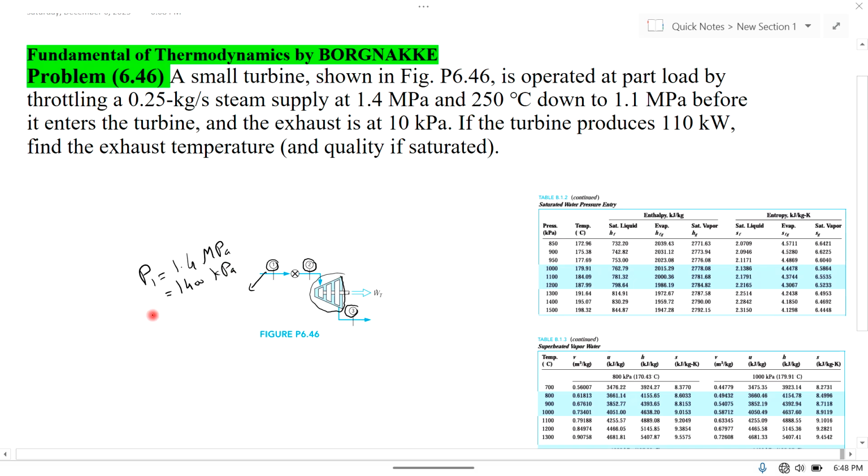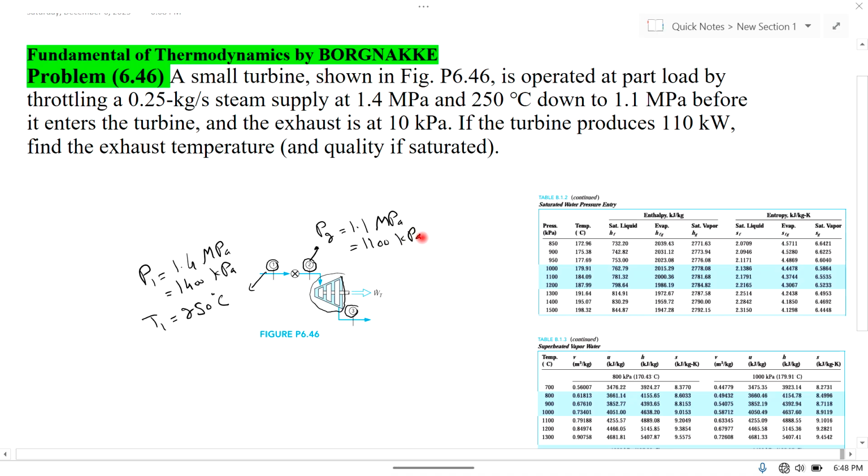And temperature T1 at this state is equal to 250 degrees centigrade, down to 1.1 megapascal before entering the turbine. This state 2 is before the entrance of the turbine. So before the entrance to the turbine, pressure P2 is equal to 1.1 megapascal, which is equal to 1100 kilopascal.